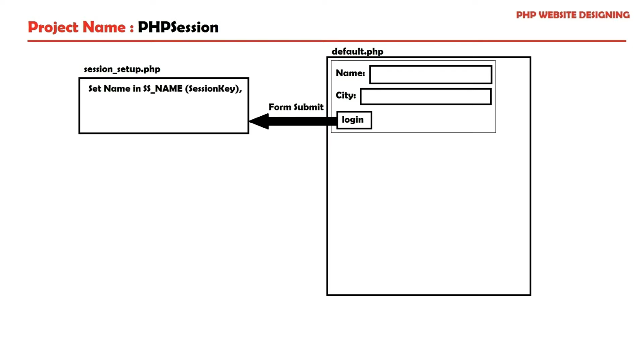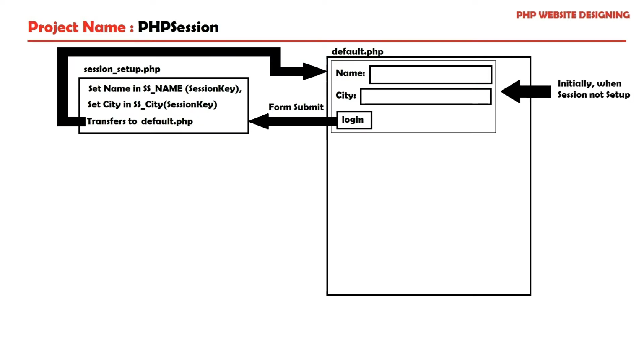In session_setup.php, set the user entered name into session with key name ss_name. Similarly, set the user entered city into session with key name ss_city. Then, transfer to the default.php page. If no session has been set up, we display the form to enter the name and city.